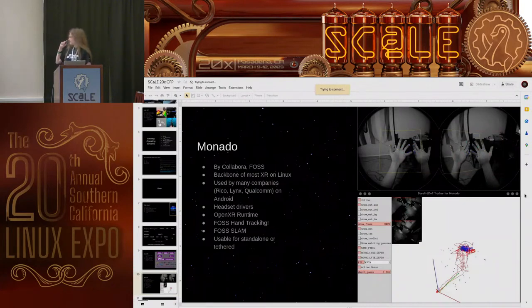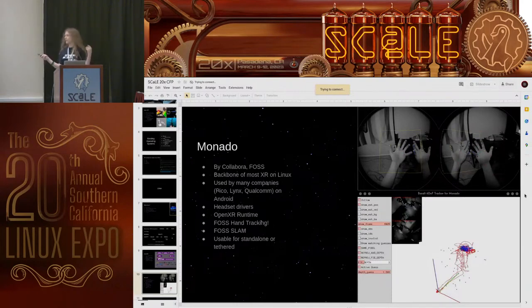Anyway, Monado has some really cool features, like SLAM. Now, SLAM is basically the ability for your headset to use its cameras, take a look at the world, or at least roughly where certain feature points are in the world, and then determine where the headset is relative to that. Translating that, it means it can know where you are in space, and it can scan its environment, at least roughly.